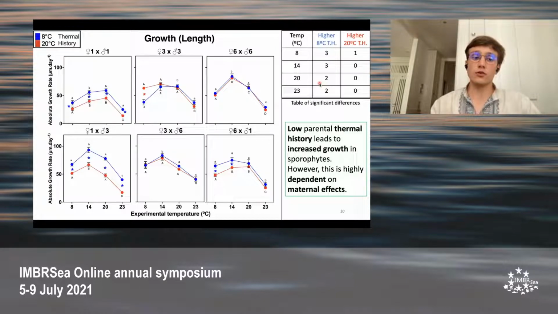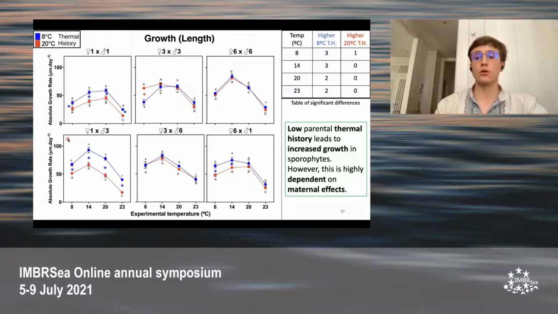But looking at the graphs, we realized that actually most of these come from female 1, where in both crosses and at all experimental temperatures, there's always this 8 Celsius thermal history leading to an increased growth.